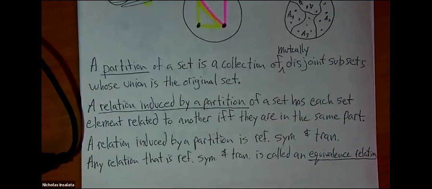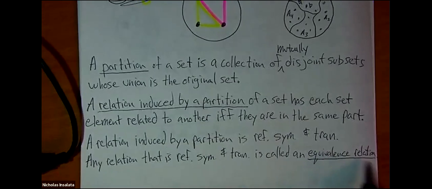So there's just a special vocab term, equivalence relation, which means that that particular relation satisfies all three of these types of relations. People good on that? Maybe we should do an example.